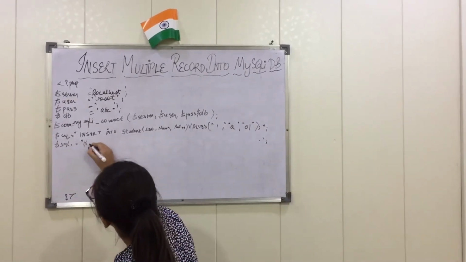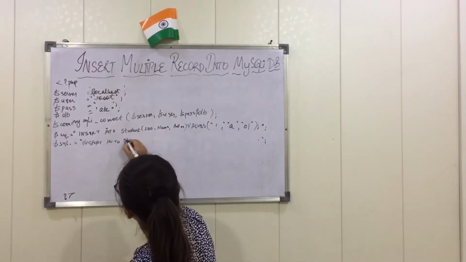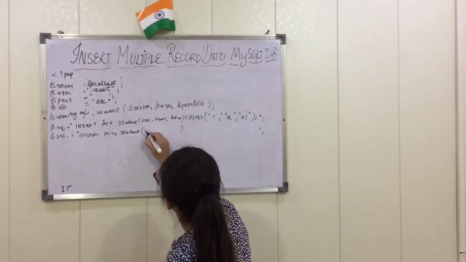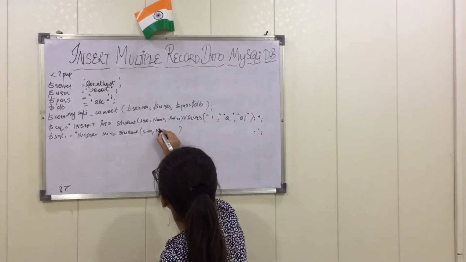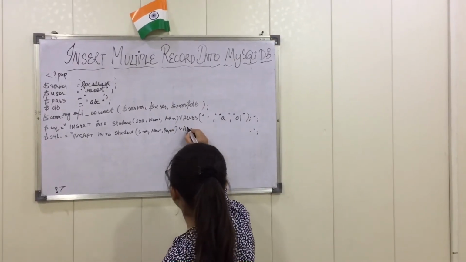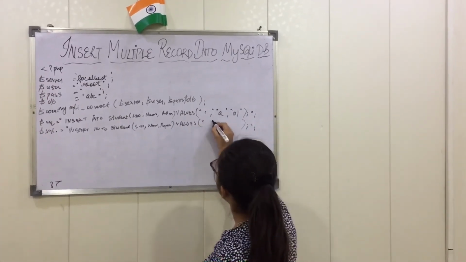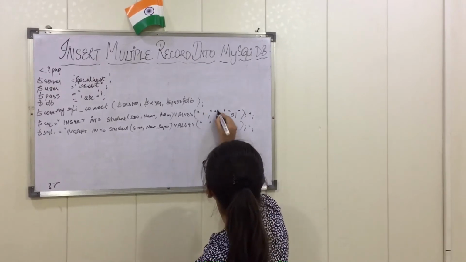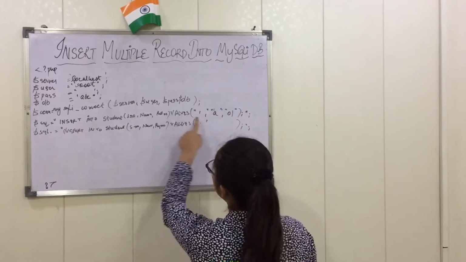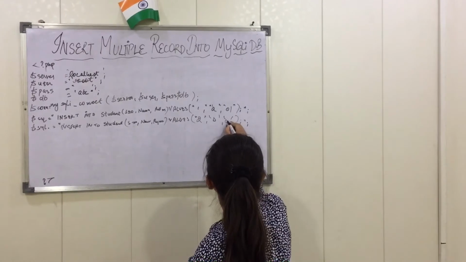After that insert into student and then the columns are the same: serial number, name and roll number. After that the values will be changed. We'll write the values into single quotes. So this is serial number 2, after that B and 02.